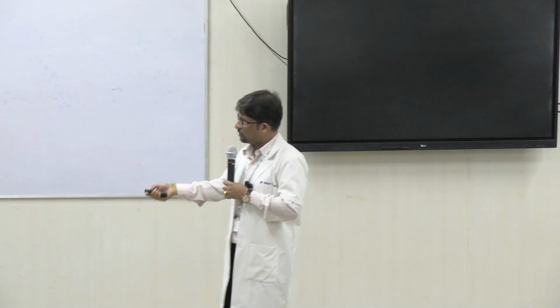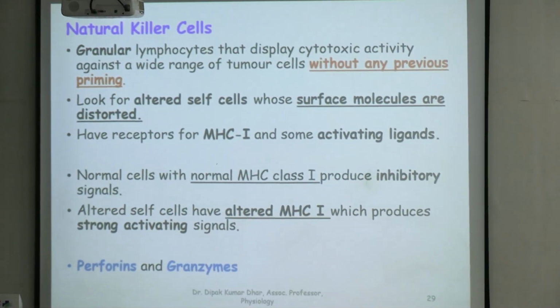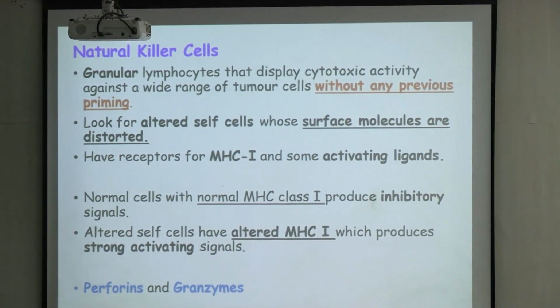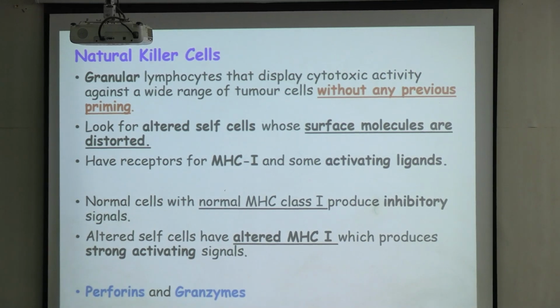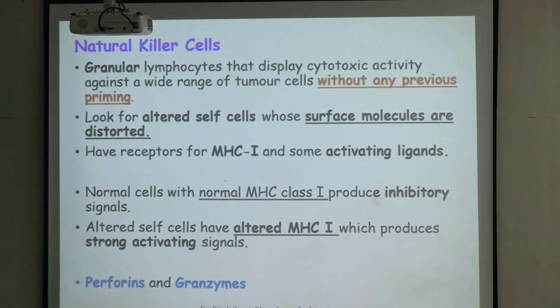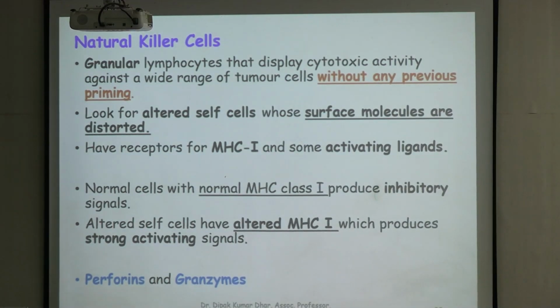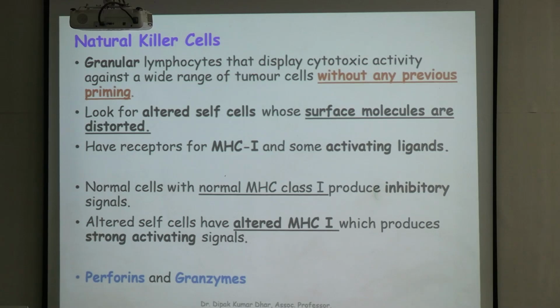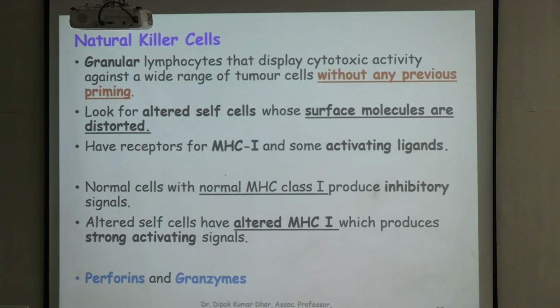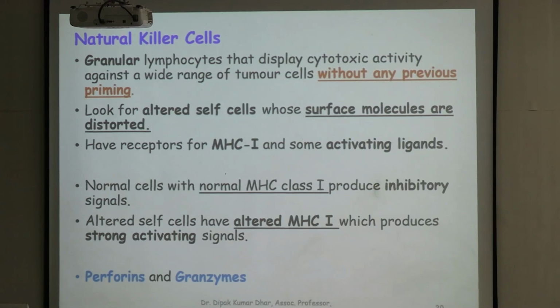Normal cells with a normal MHC class 1 produce an inhibitory signal. These are circulating lymphocytes. Even if one comes across a cell, it has MHC, but the MHC is normal, so it will inhibit. This is an inhibitory interaction. But the moment the surface MHC1 molecules are altered, in the sense that structurally they have become different, or they have some antigenic peptides sitting on them, then they activate the natural killer cells.